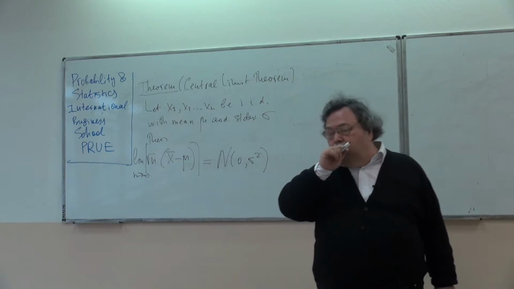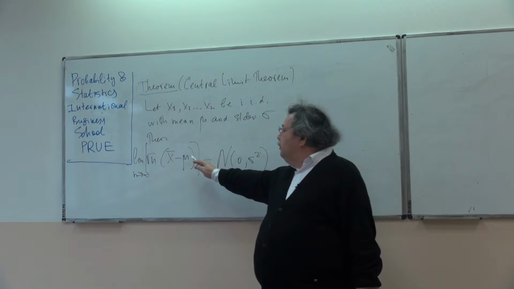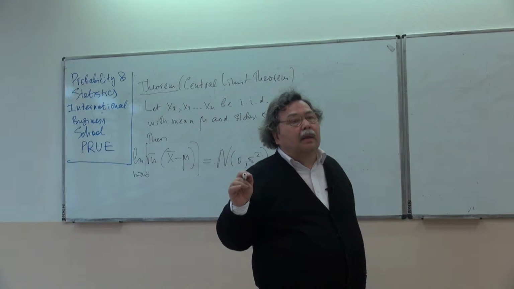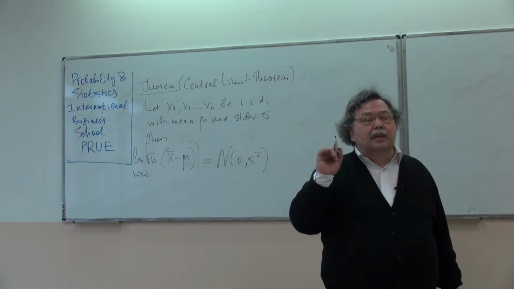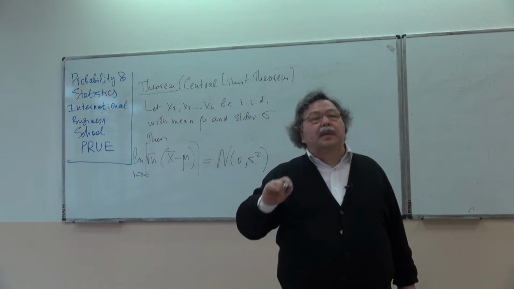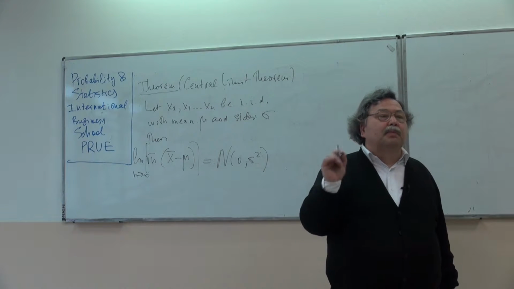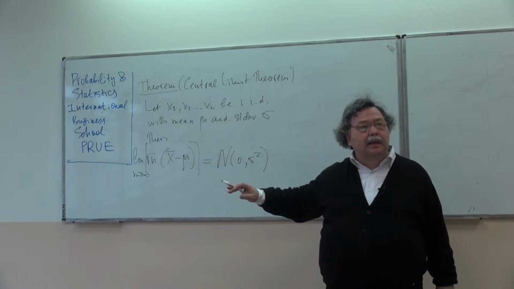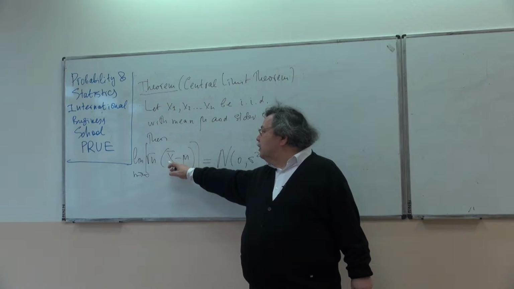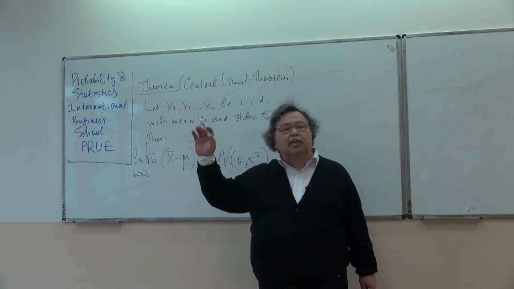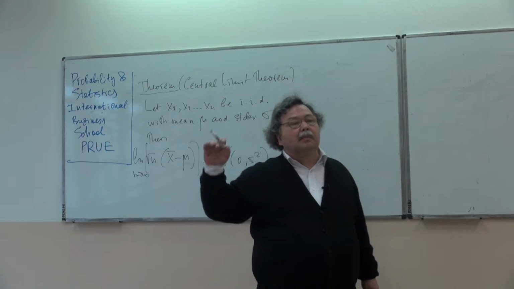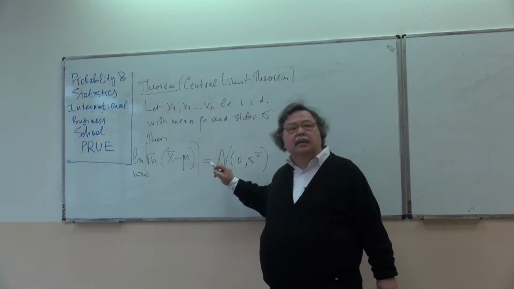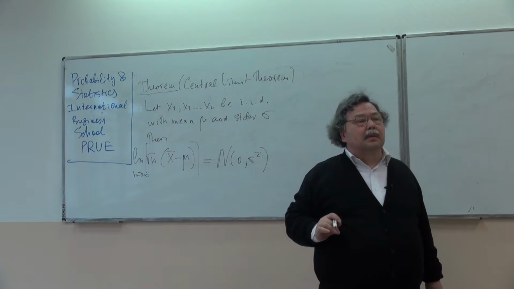It turns out that the deviation of x bar from the mean is, in a certain sense, described by the normal distribution, by an appropriate normal distribution. The exact formula is written here. So it's not enough to take x bar minus mu. It's not normal. But if we multiply it by root n, what we get, in the limit, is a normal distribution.